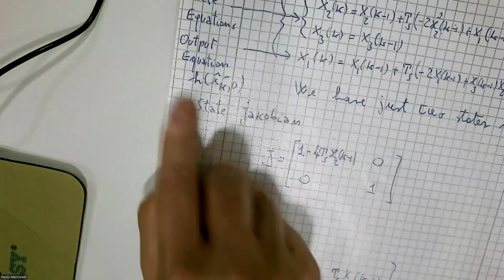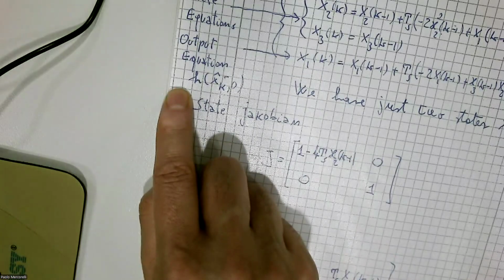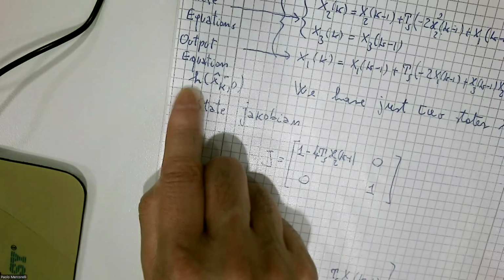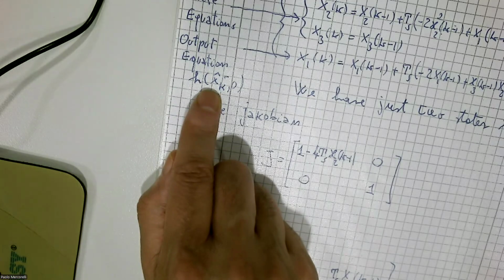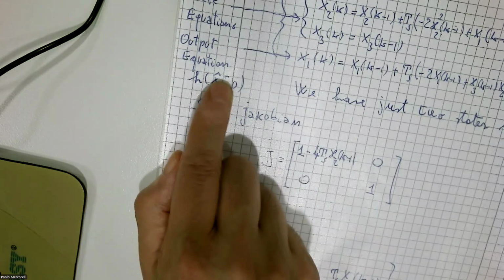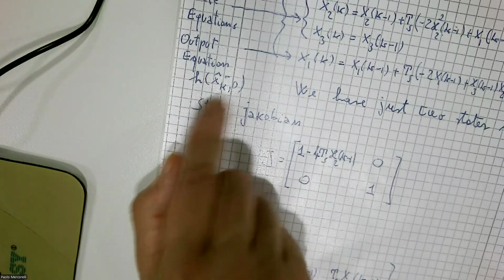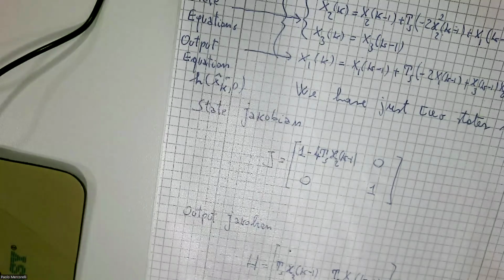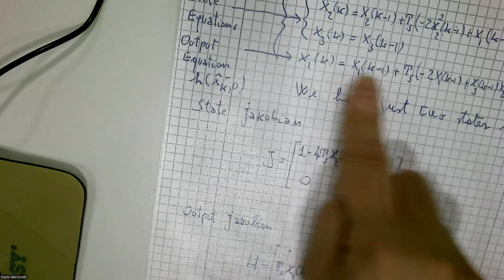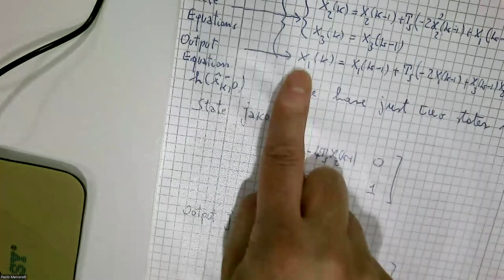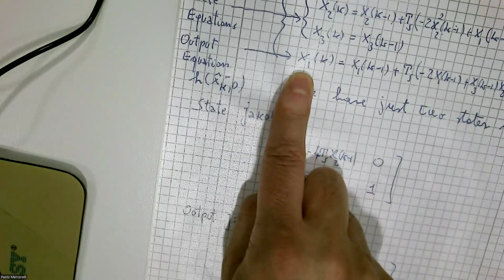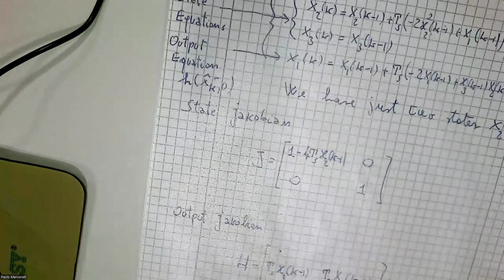Before I told you z, but x1 equals H of x hat minus of k. Basically, this expression. This is x1 minus of k.